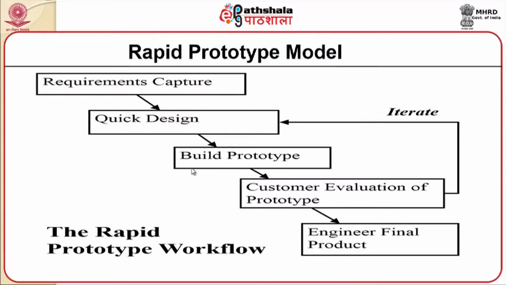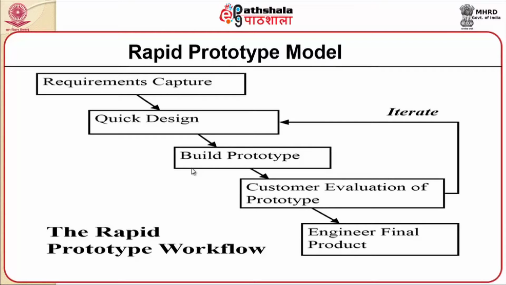So this model would appear something like this, and this is a rapid prototype workflow where I capture all the requirements from my customers or my clients. I understand the complete set of requirements, but then as a next stage, when you compare with the previous model, we would have gone for analysis and specification, we would have gone for design.